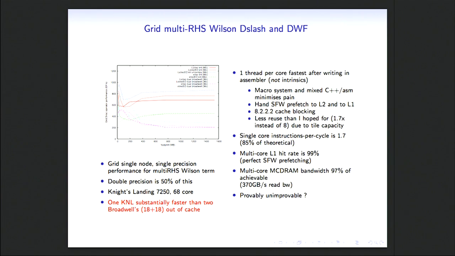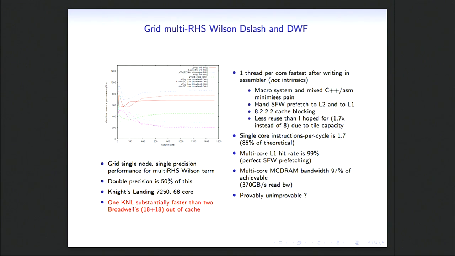However, the bad news is, in order to do this, I got an extra factor of 2 by dropping from this fancy C++ inline intrinsics class system and simply writing inline assembly in the end. Whereas with Broadwell, we can get away with sticking with C++ because the out of order is so much better in that chip. I've dropped inline intrinsics here, beaten the compiler by almost a factor of 2.